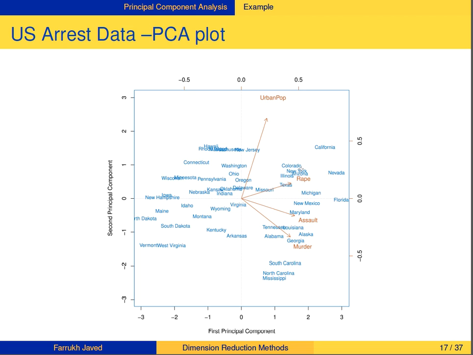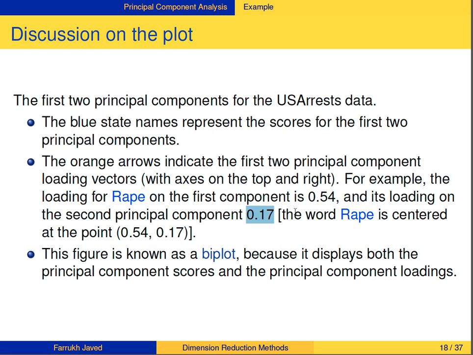Now you see that rape, with respect to the first principal component loading, lies somewhere here, at about 0.50. And with respect to PC2, rape lies here. So for example, the loading for rape on the first principal component is 0.54, and for the second principal component it is 0.17.